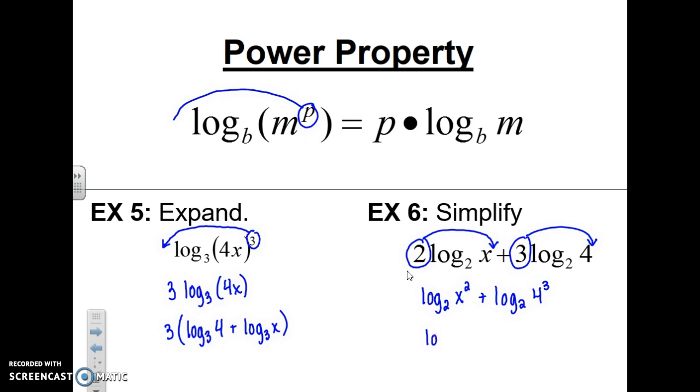So log base 2 of x squared plus log base 2 of 64. And then, since this has an addition between it, and we have the same base for our logs, we could write that together as log base 2 of 64x squared. We could write that together as multiplication. And that would be completely simplified.